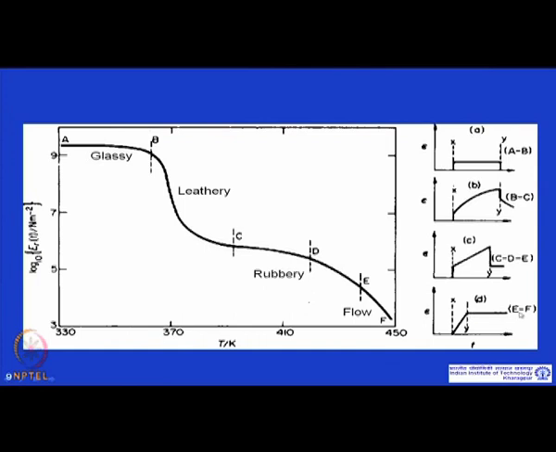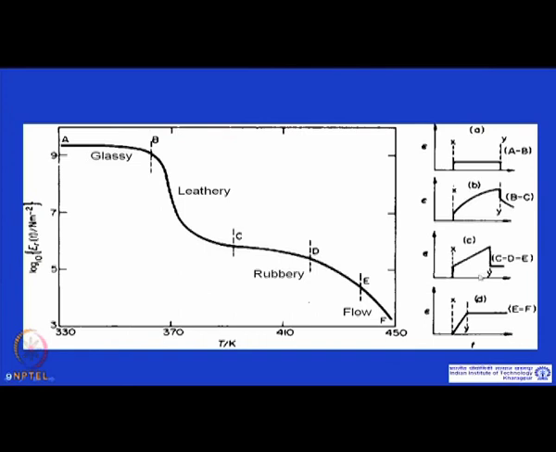So, you get a completely viscous behavior. So, with temperature, a polymer material can show different types of viscoelastic behavior, from a perfect elastic to a perfect viscous behavior with intermediate behavior of viscoelasticity.